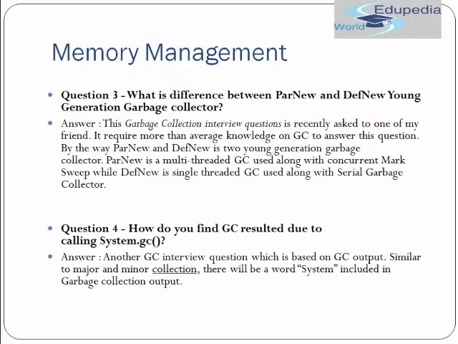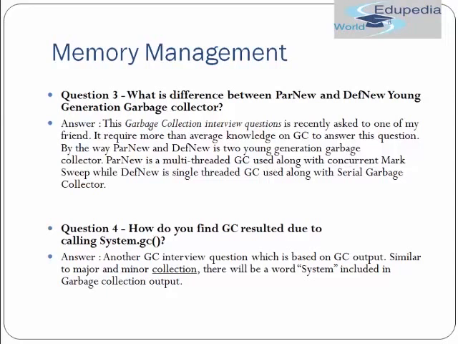What is the difference between ParNew and DefNew young generation garbage collector? This garbage collection interview question was recently asked of a friend of mine. It requires more than average knowledge of GC to answer this question. By the way, ParNew and DefNew are two young generation garbage collectors.